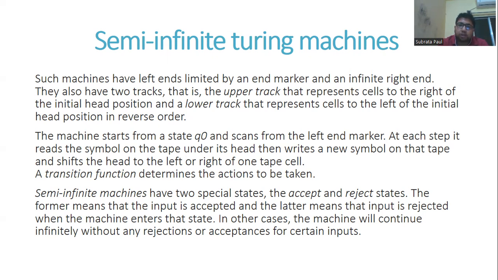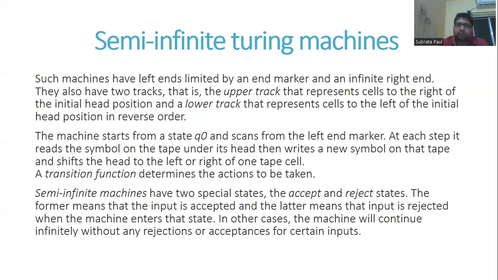In this case, the Turing machine will start from the initial state, q0, and scan from the left hand marker. At each step, it reads the symbol on the tape under the head, writes a new symbol on the tape, and shifts the head to the left or right by one tape cell. The transition function determines the action to be taken.